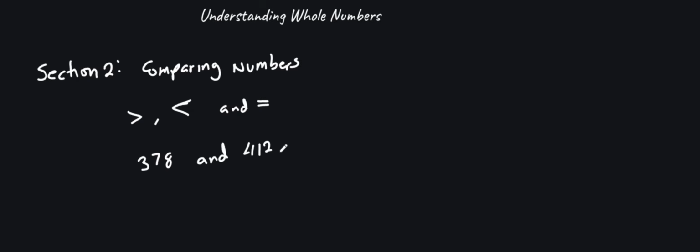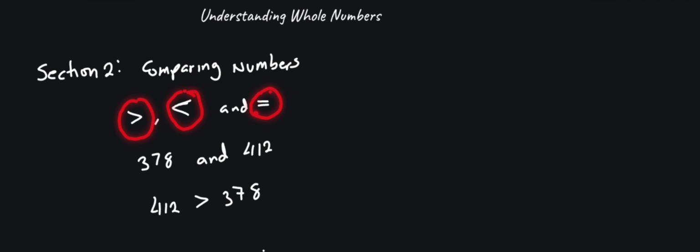So here we can say 412 is greater than 378. And if you have an issue with the signs, this is greater than, this is less than, and this is equal to.